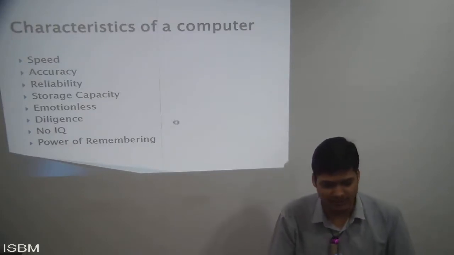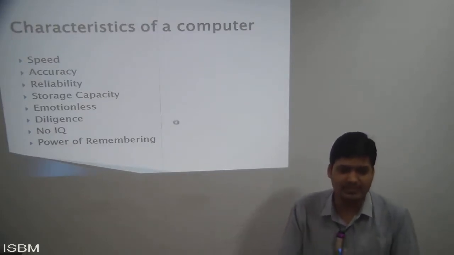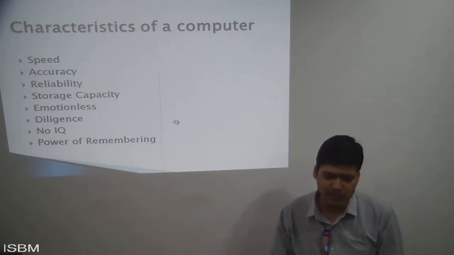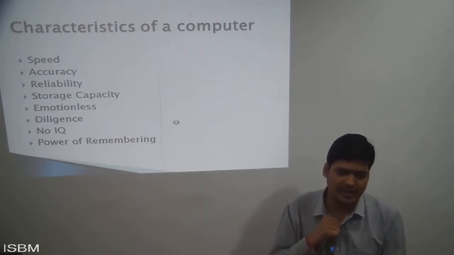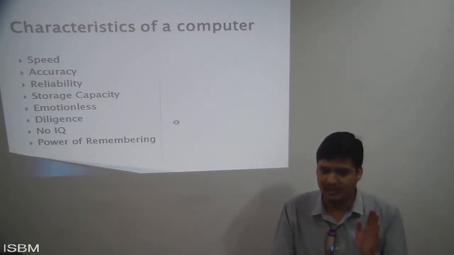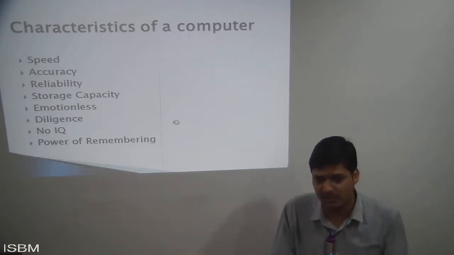Then the next characteristic of the computer is emotionless. It's an emotionless system. You can work day and night, throughout the night, throughout the day. A computer doesn't have emotions like a human being.